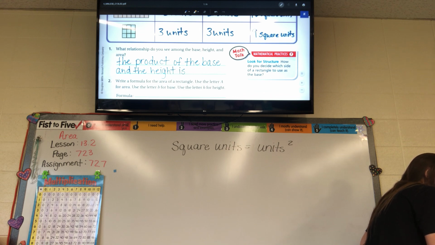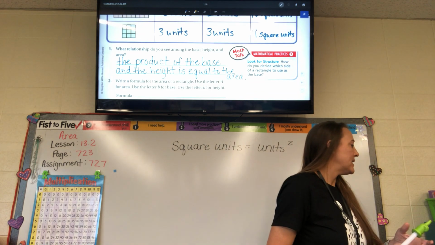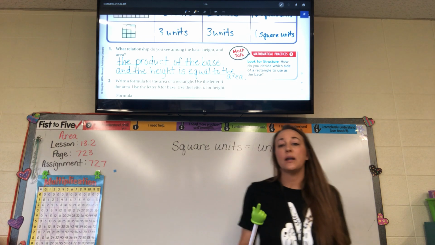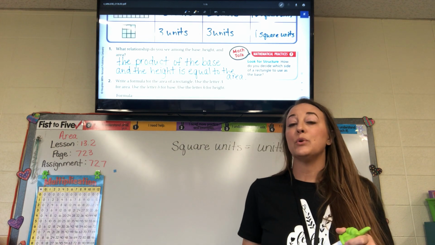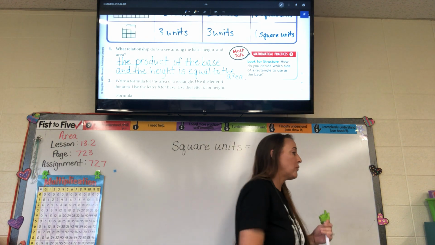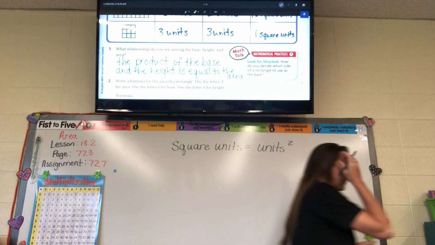Okay, the product of the base and height is equal to the area. Remember, product is the answer to a multiplication problem. So that word product tells you to multiply.